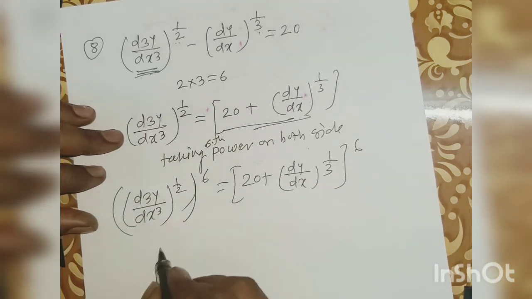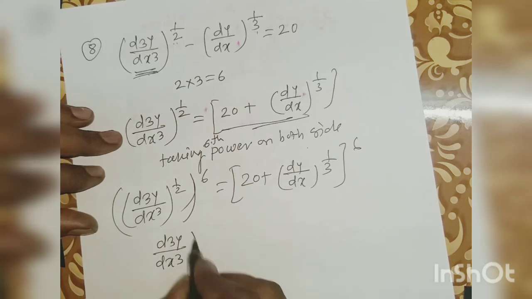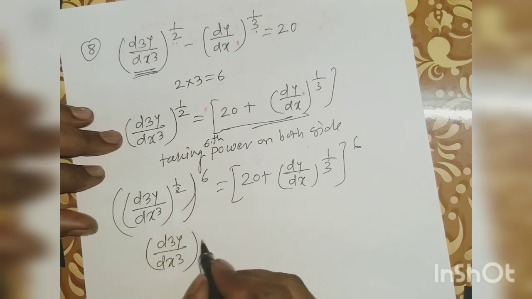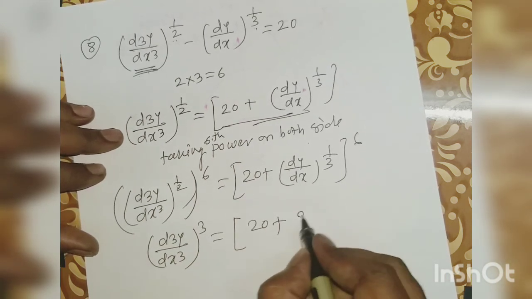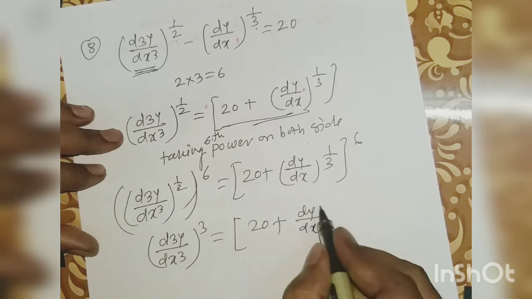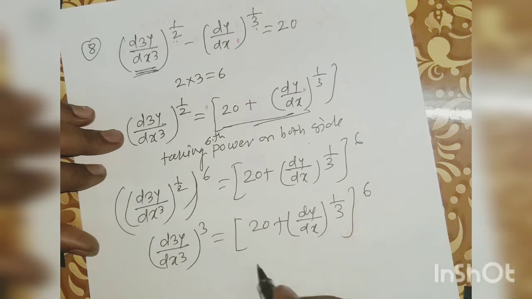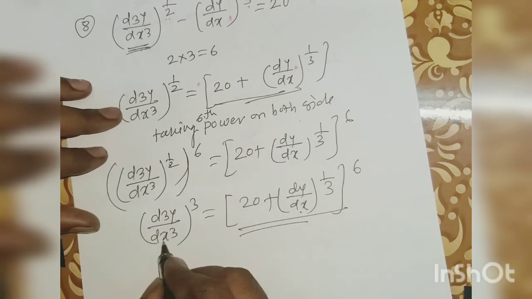Its power is, d3y by dx cube raised to 1 by 2 into 6 is 3, is equal to (20 plus dy by dx) bracket raised to 1 by 3 raised to 6. This term cannot be expanded because here is first order derivative, third order derivative.